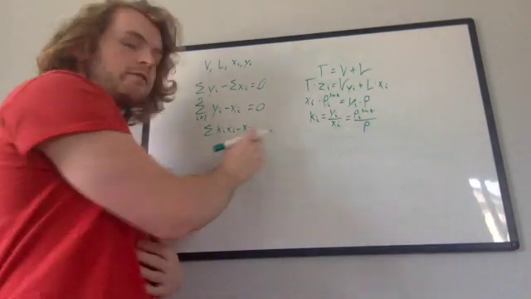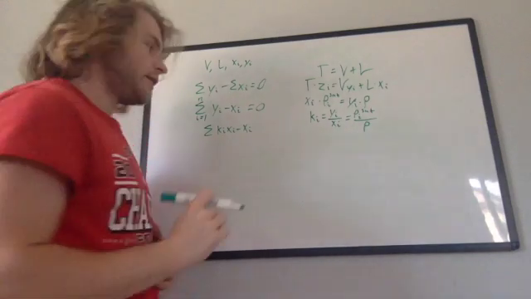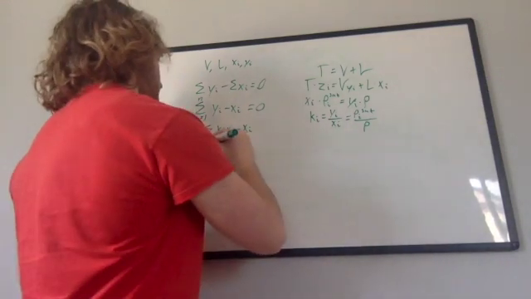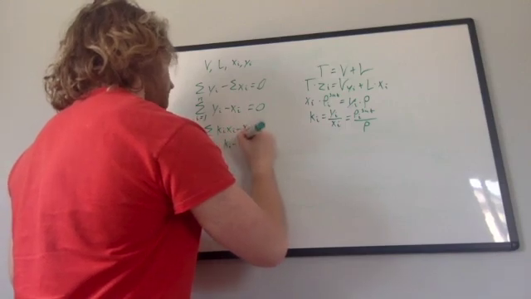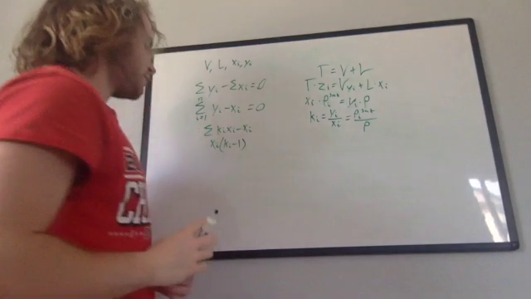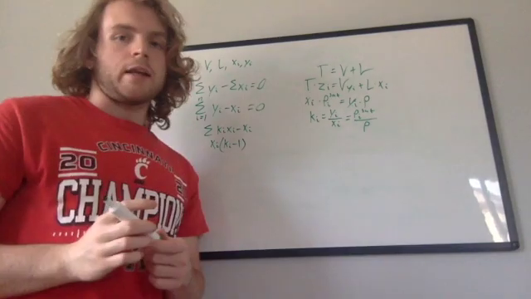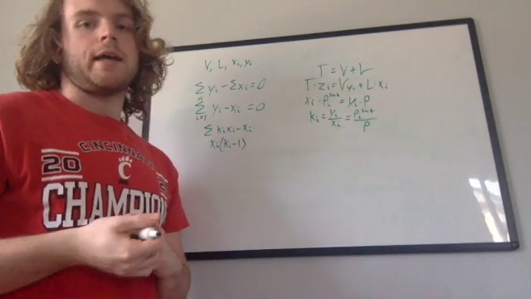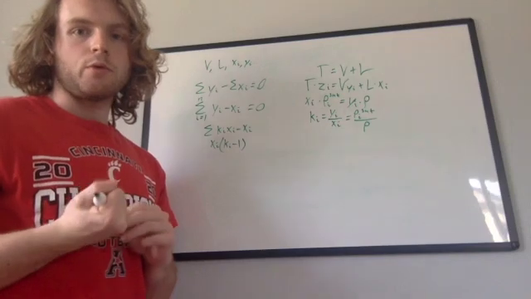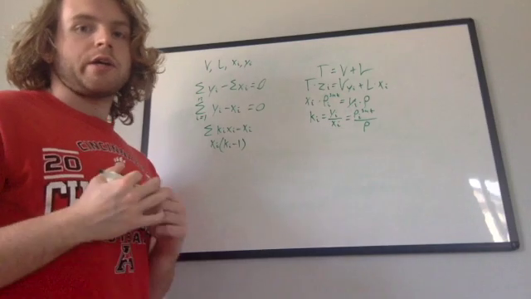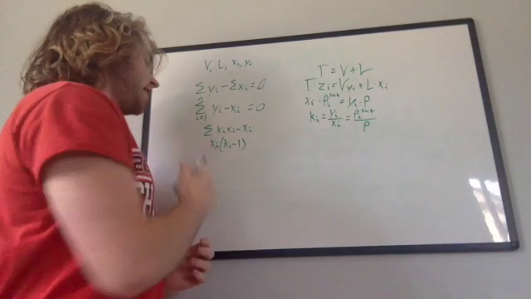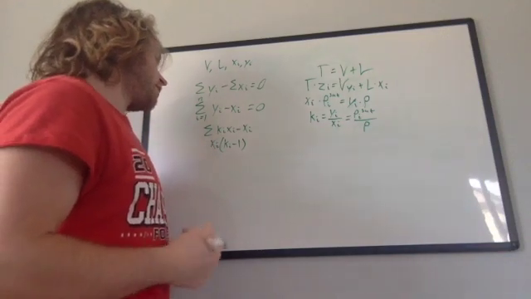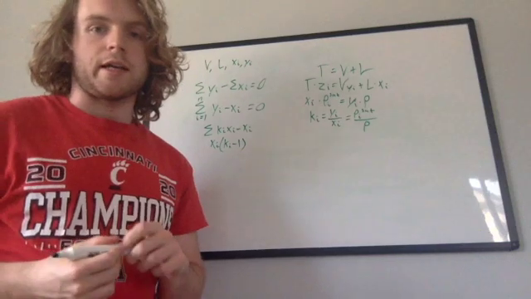Then we can factor out this xi, so that's xi times (ki minus 1). Now we want to come up with an expression to substitute in here for xi, because that is an unknown, and we need to get it out of there.